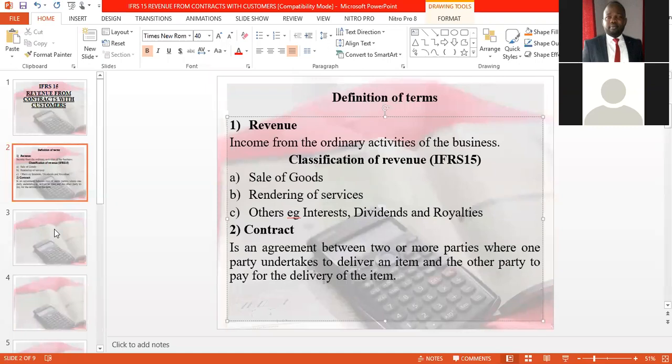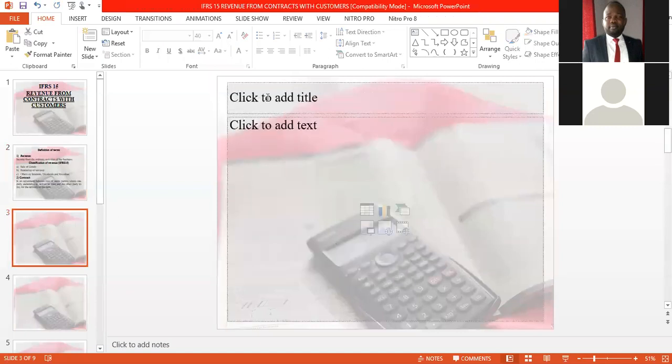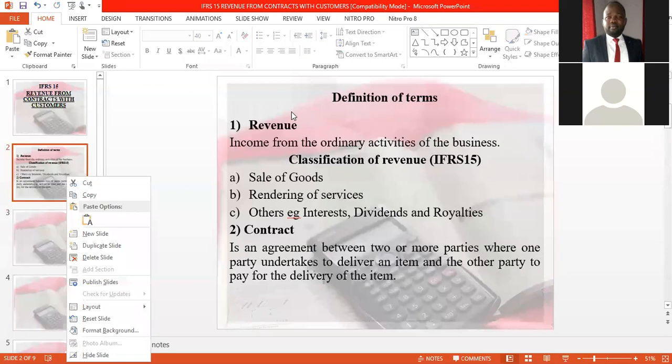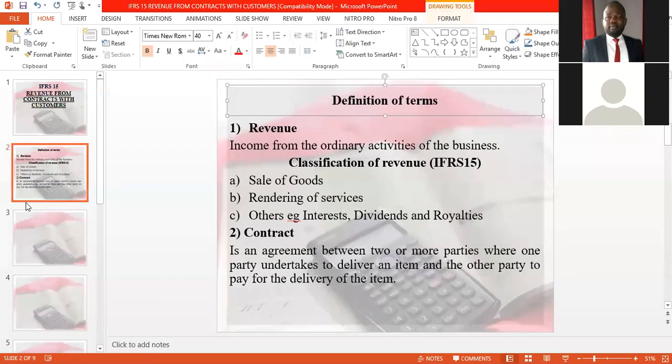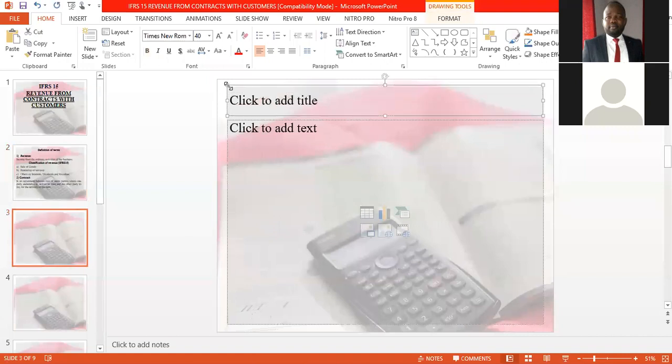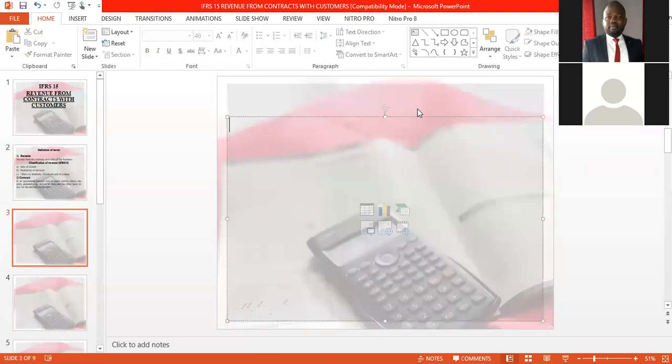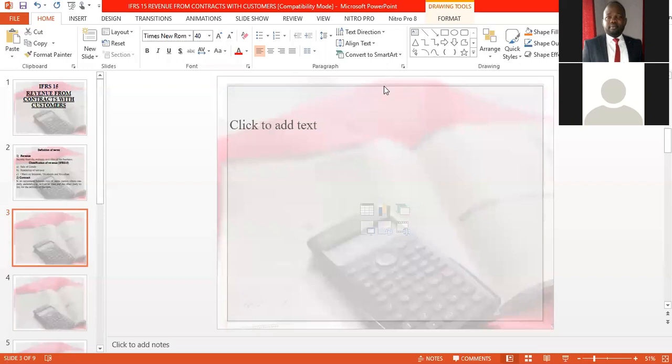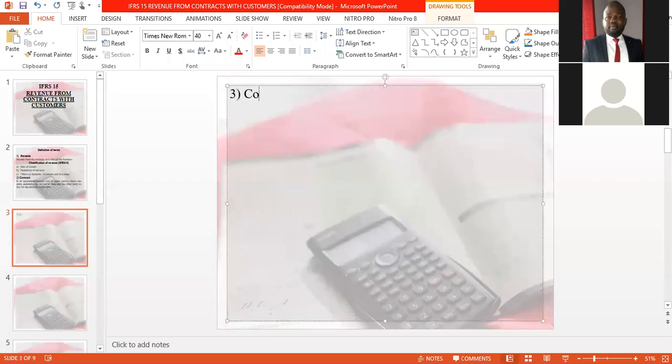Now, maybe number 3. So that is number 2. Number 3, contract revenue.